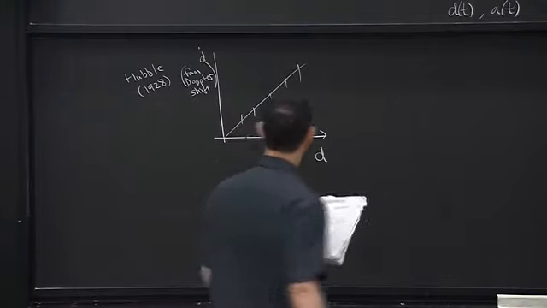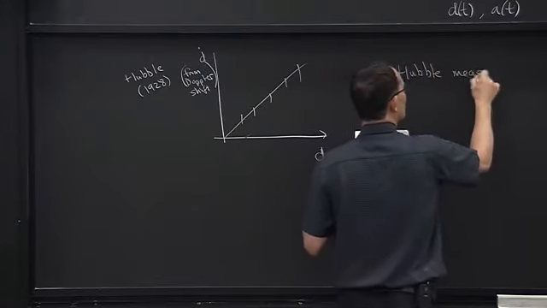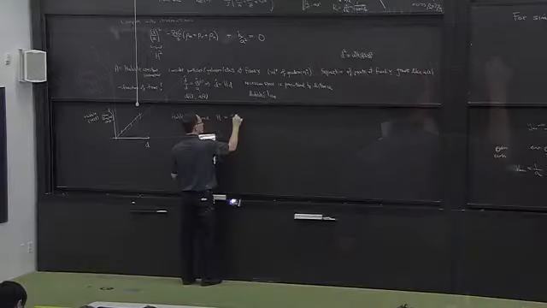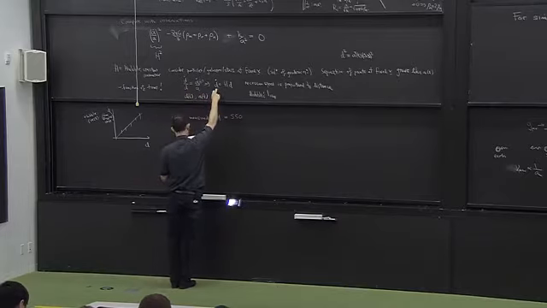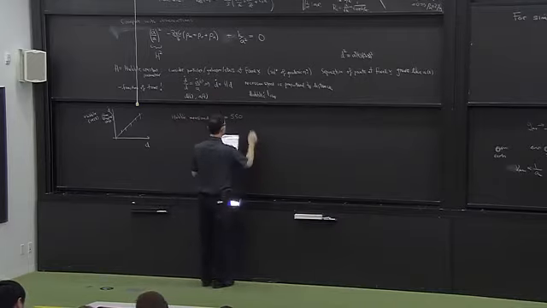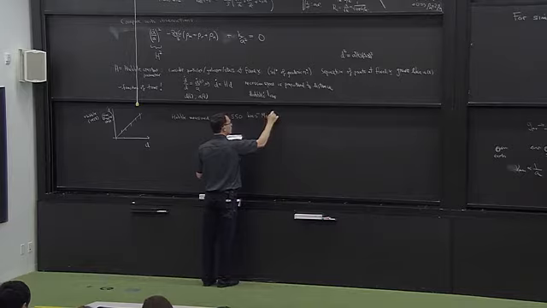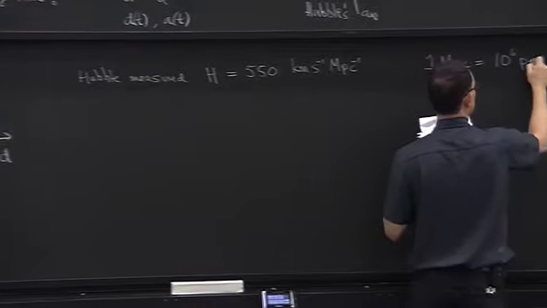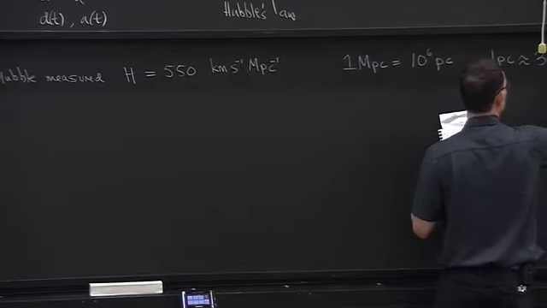Okay, now in fact, Hubble measured h, this number h, to be 550. You see, it's a speed divided by a length. So it's given in units of speed, kilometers per second per megaparsec. 1 megaparsec is 10 to the 6 parsecs, and a parsec is approximately 3 light years.